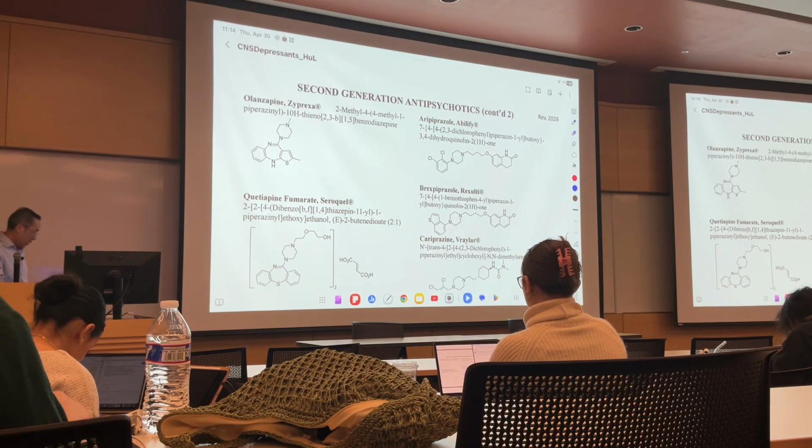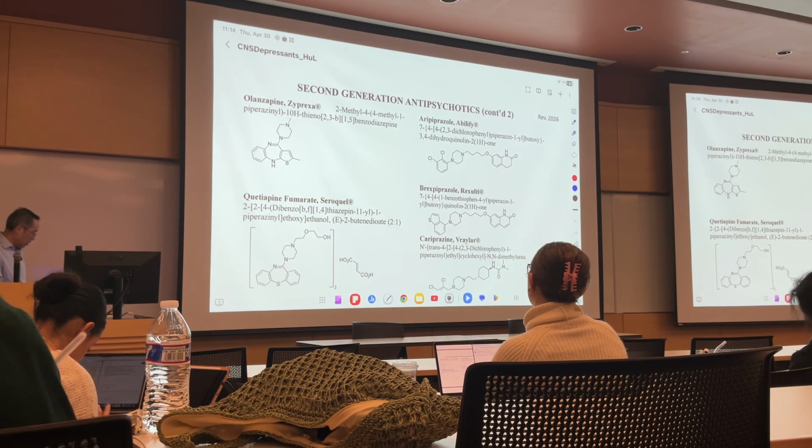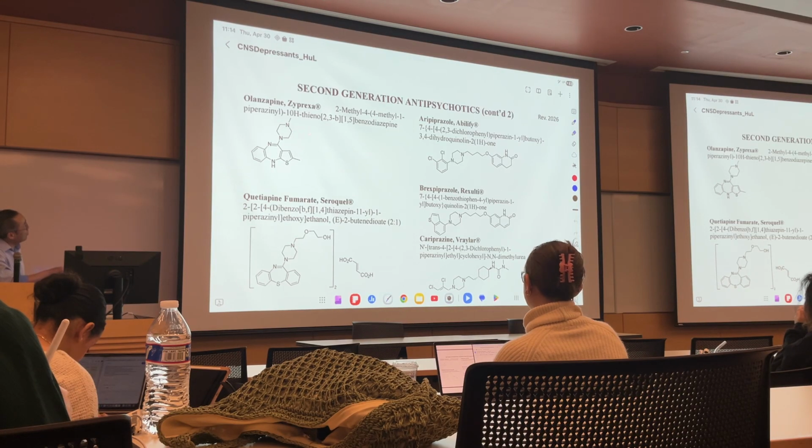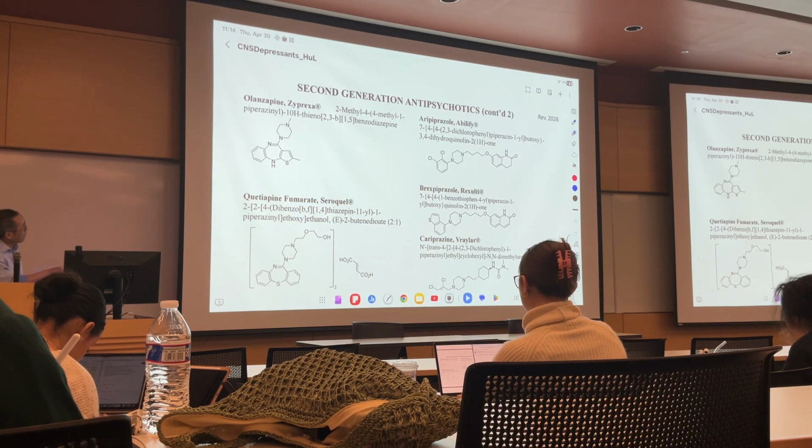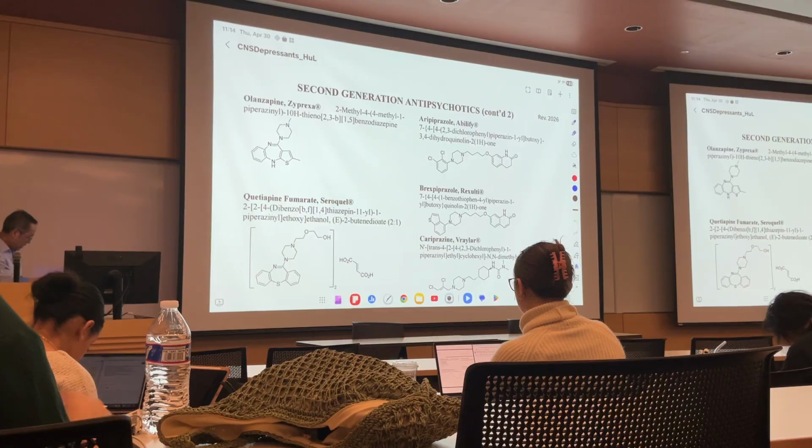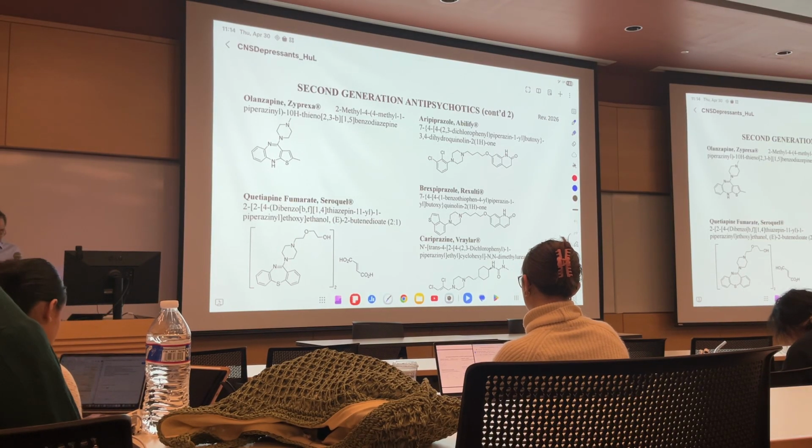So this is olanzapine, and this is a thieno benzodiazepine, right? So it's a benzene ring fused with a 7-member ring with 2 nitrogens in it. So this is a thienobenzodiazepine type of structure in this drug molecule.